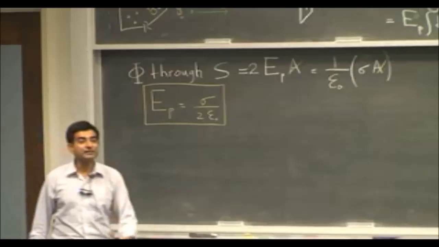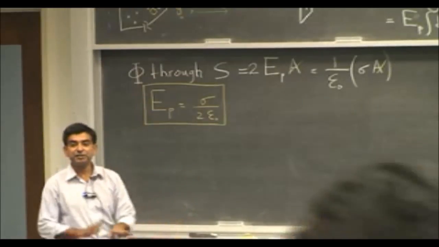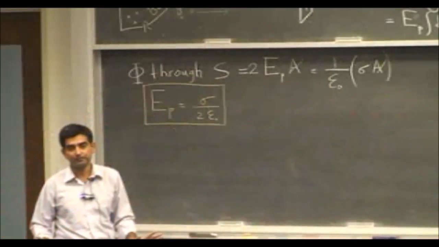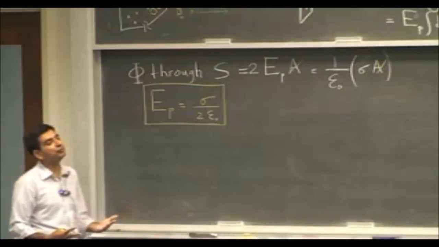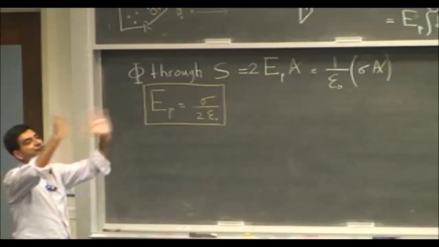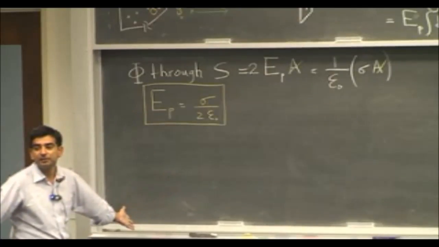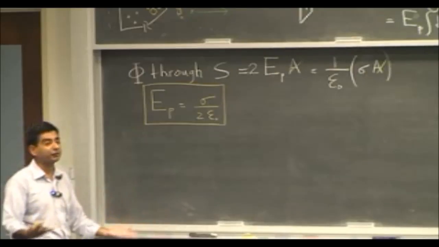This is only because this sheet is of infinite size. If the sheet were not of infinite size, the result would not hold true. Since this sheet is of infinite size, the further you move away from the charge sheet, the amount of charge that you see doesn't change. That's why the electric field is independent of how far you are from the sheet.